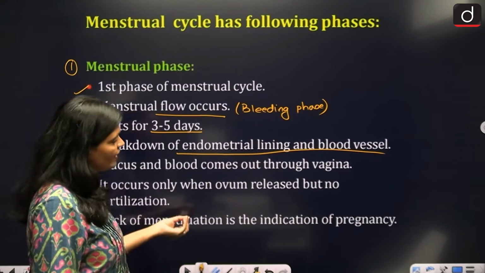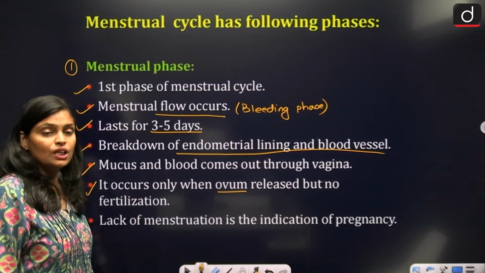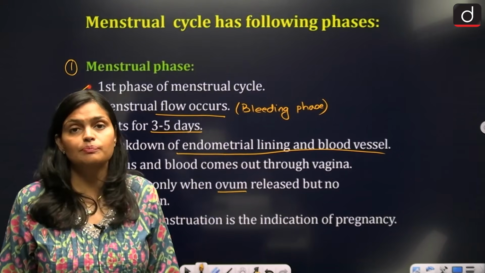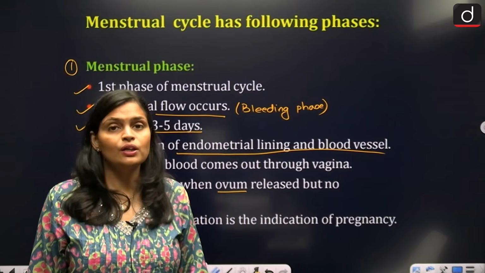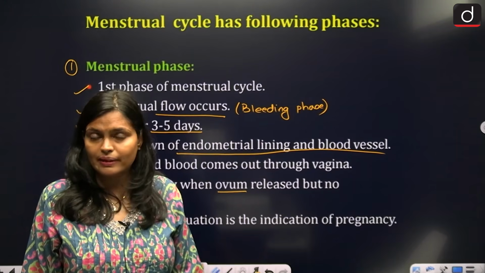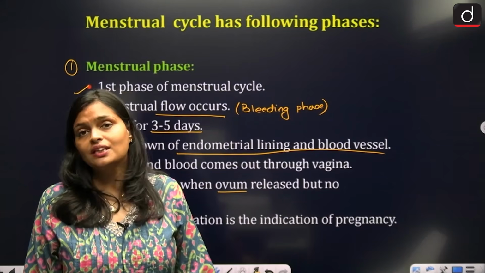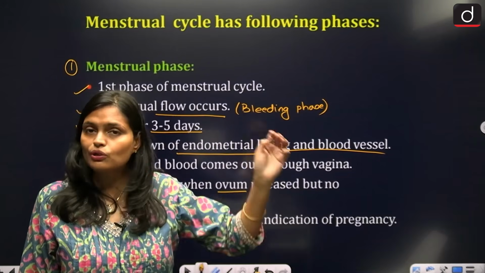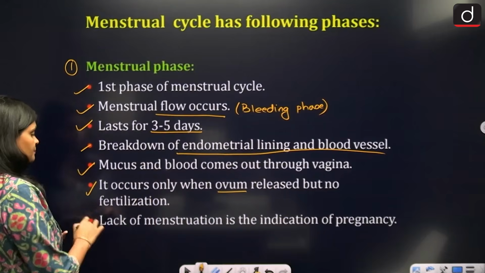This occurs only when the ovum is released but there is no fertilization. Now suppose the ovum is implanted, then what happens? No bleeding takes place. But when fertilization does not take place, if the sperm is not fused with the egg, then the egg is released, and with the egg the endometrium is also released, and everything comes out in the form of bleeding.